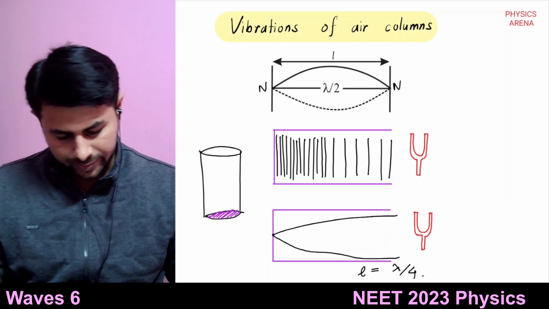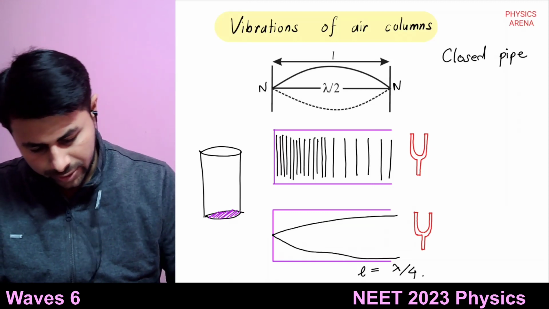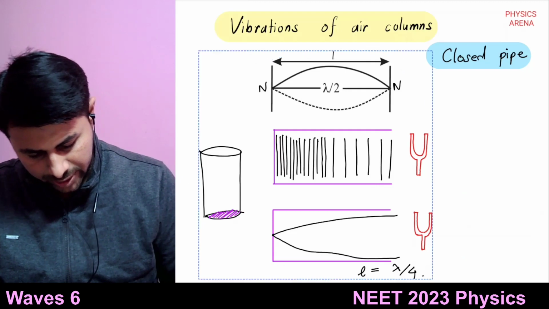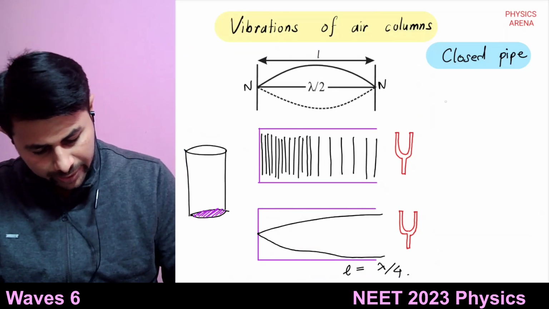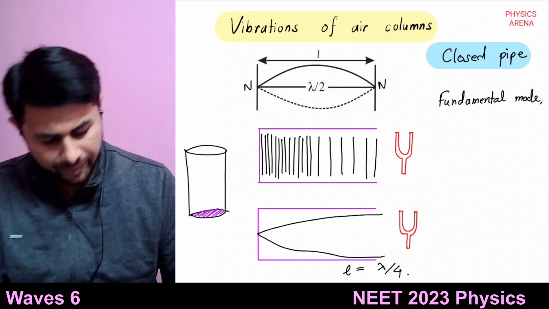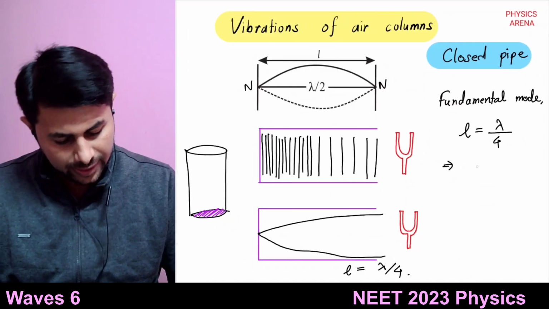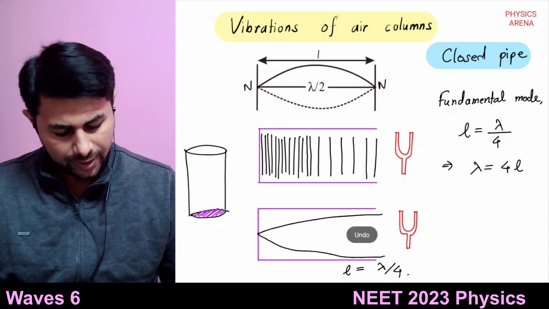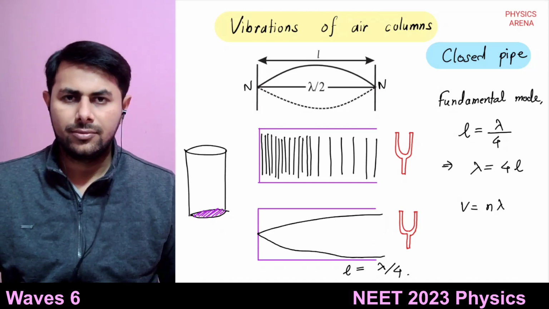So this is a closed pipe, and in case of the fundamental mode, L is equal to lambda by 4, which implies that lambda is equal to 4 times L. And then we know the speed of waves is v equal to n lambda, right?